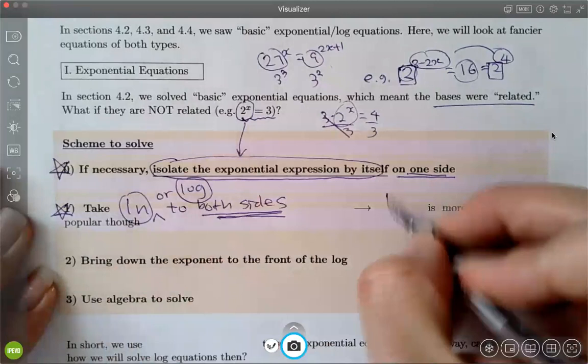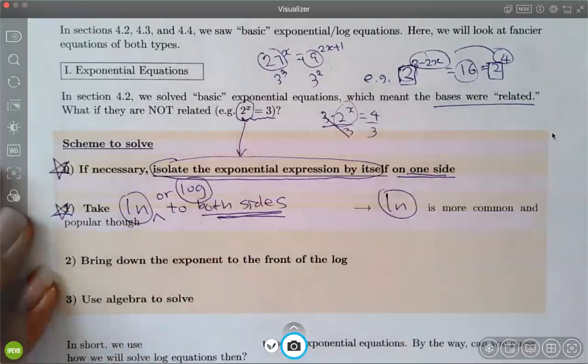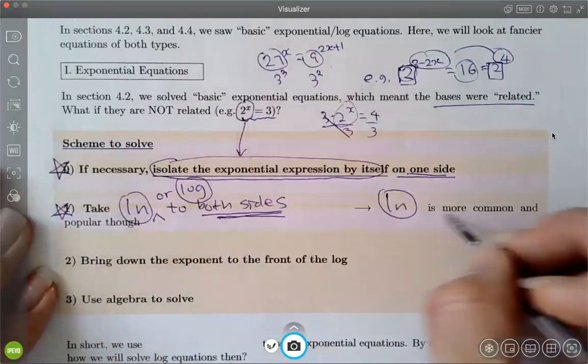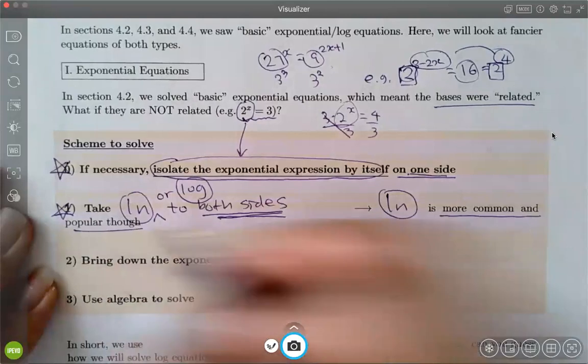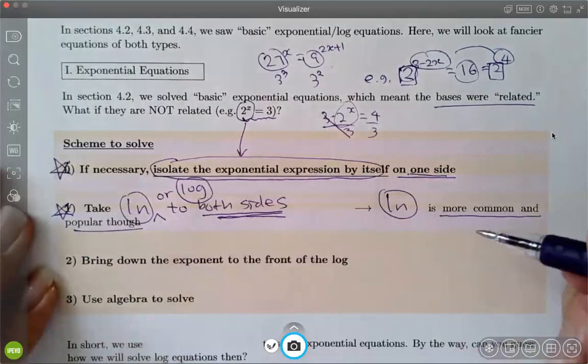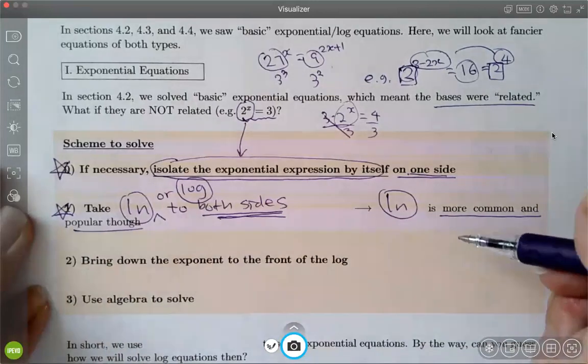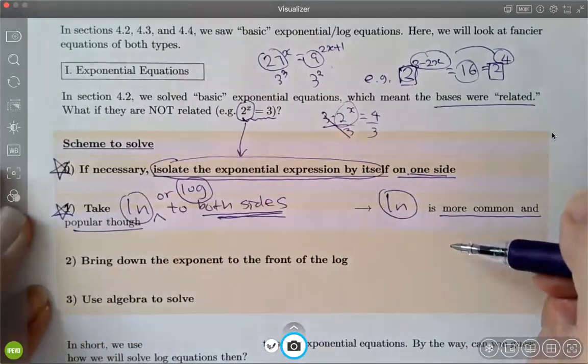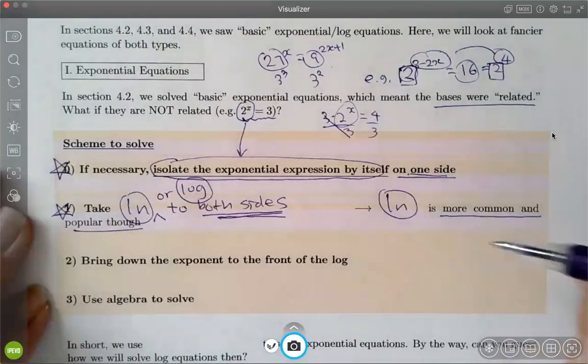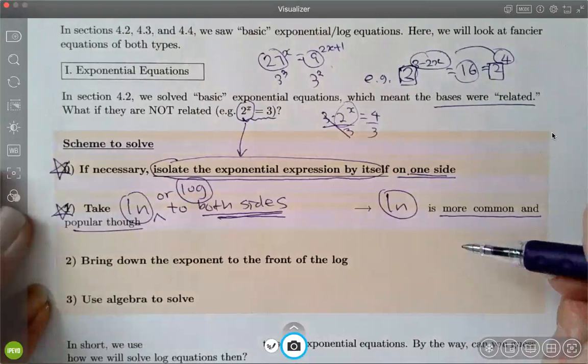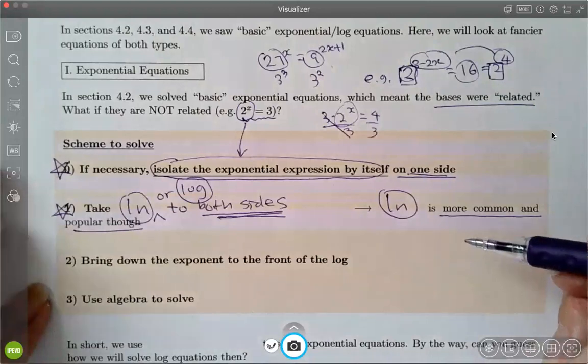Ln is more common, so I will stick to the natural log instead of the common log. But because of the change of base formula that we just saw, you can also take the common log and get the same answer. But ln is more popular. So we take the natural log to both sides.